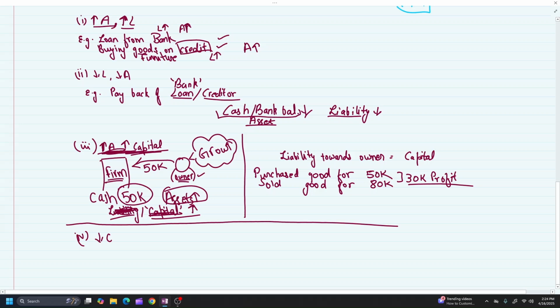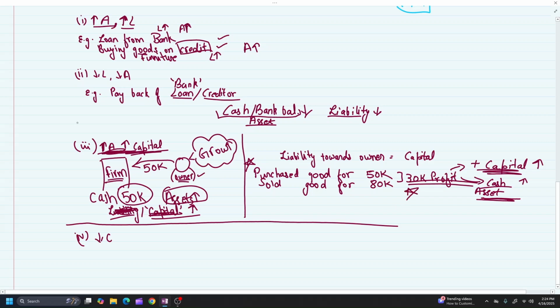How? Because this 30K profit will be added to capital, so capital will increase. It's in the form of cash, so cash will increase. So cash is what? Nothing but your asset. So your asset is also increasing, capital is also increasing in this example also.